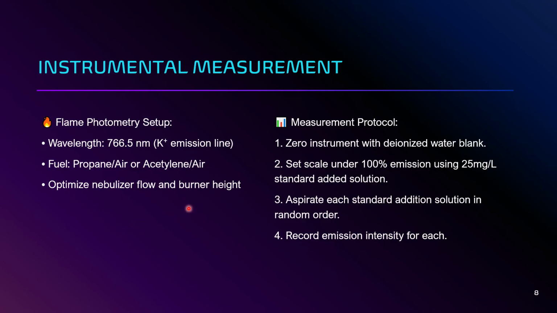First, what you will have to do, you need to make it zero using the distilled deionized water that you are going to use to make up your volumes. If the distilled water contains any potassium ions, those potassium ions would be present in all the flasks in the same concentration, so they may be set to zero.